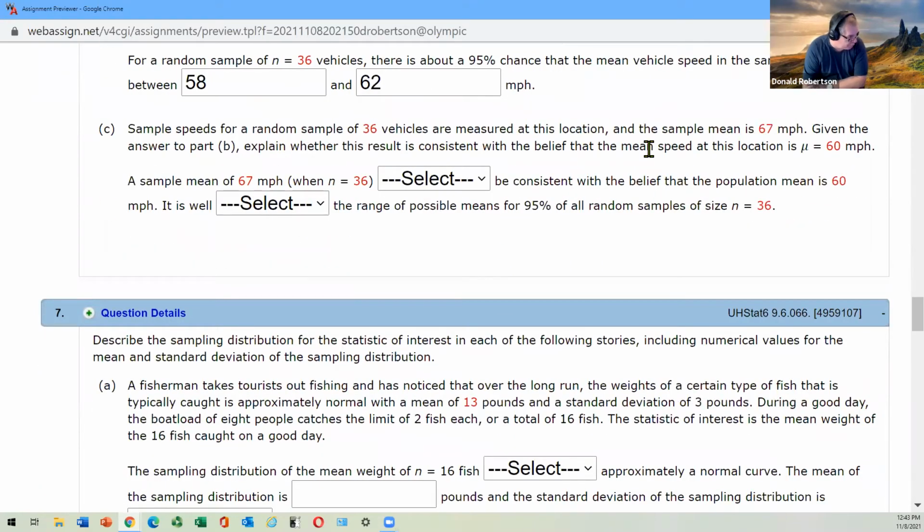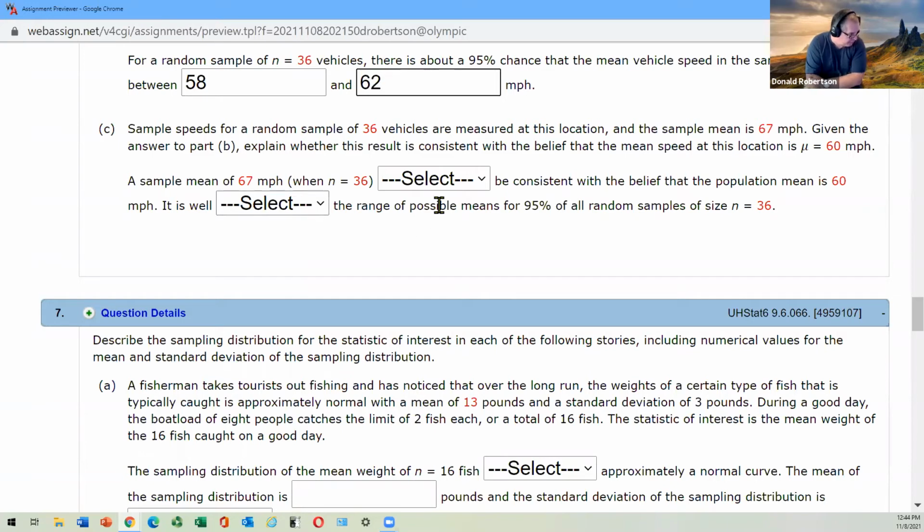What would happen if you watch 36 vehicles and the average speed is 67? Would you agree it's outside the expected range? Isn't 67 bigger than the 58 to 62, which is what you would expect the average to be, right?